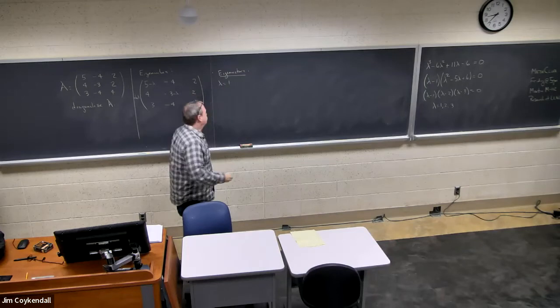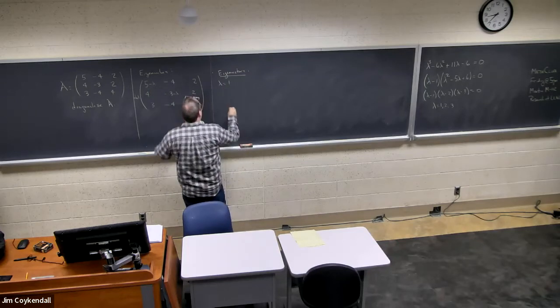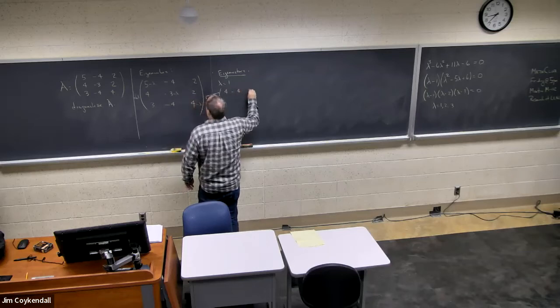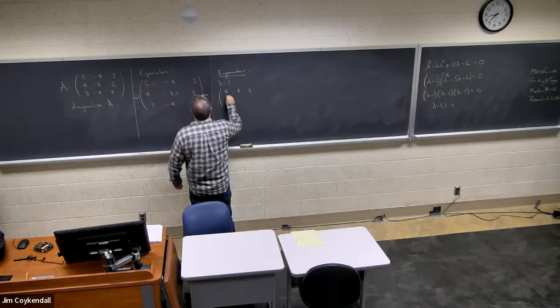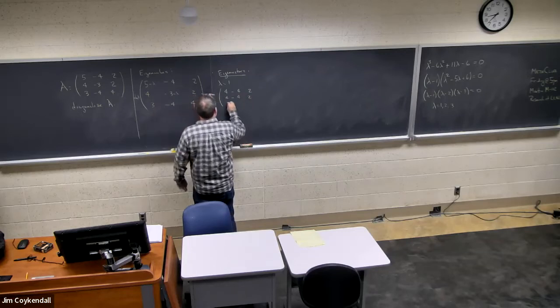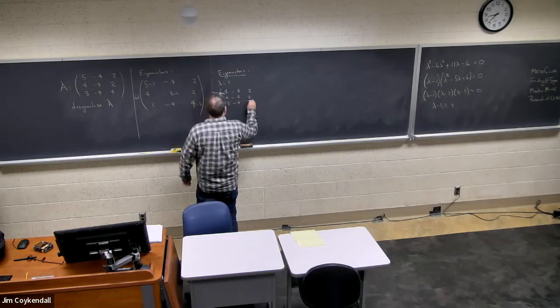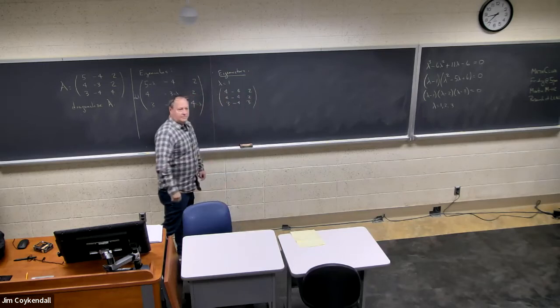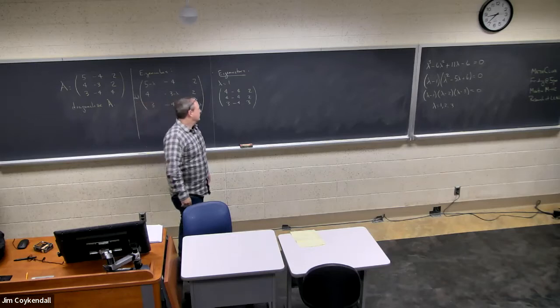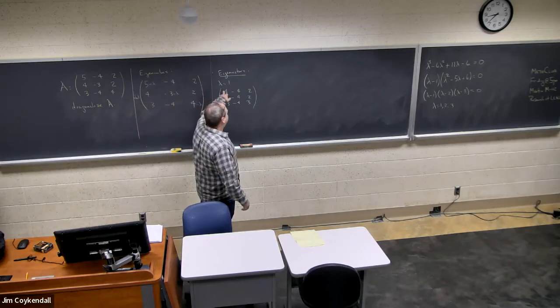Lambda equals 1. Well, let's see, so subtract this: 4 minus 4, 2; 4 minus 4, 2; 3 minus 4, 3. Okay. Notice these 2 rows are the same.